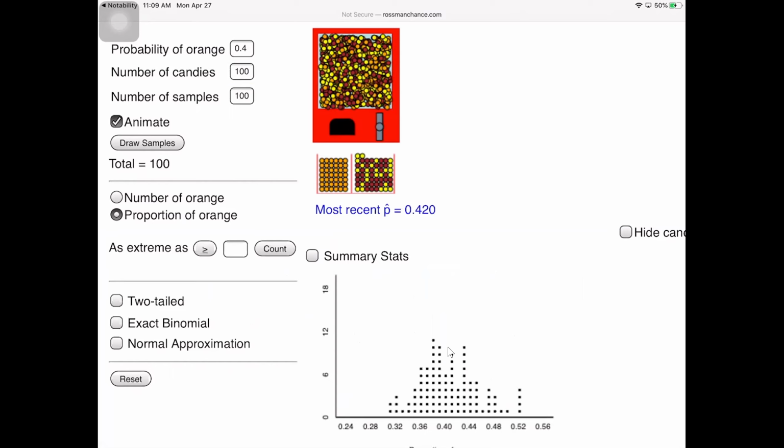So if you look at it, it's still centered somewhere around 0.40. But if you now look at the range, the lowest value that we possibly have is somewhere like 0.30, and the highest value that we have is 0.52. So you notice how the range got narrower because we took a bigger sample size.